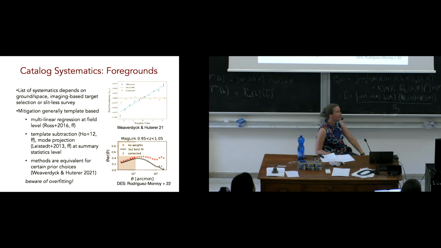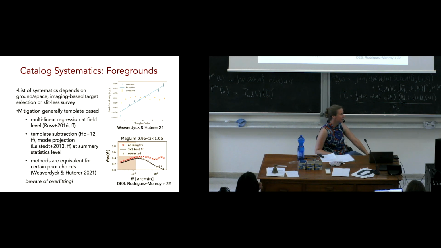That will depend on which bands of imaging one uses, or whether it's a slitless survey. There will be differences between ground-based surveys, where air mass, of course, is a big consideration. That's not the case in space, but there you have to worry about zodiacal light and such. So start out with a list of potential systematics and make templates for them. So of course, you need a map for each of them.